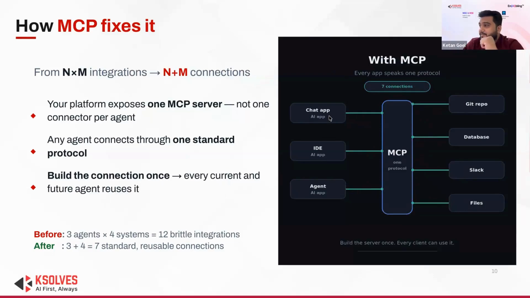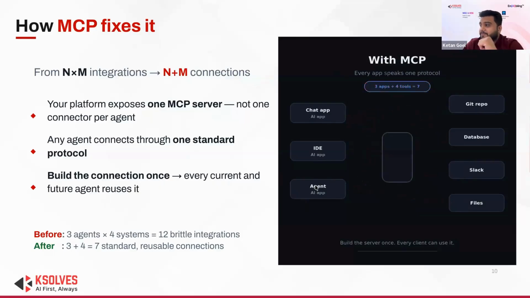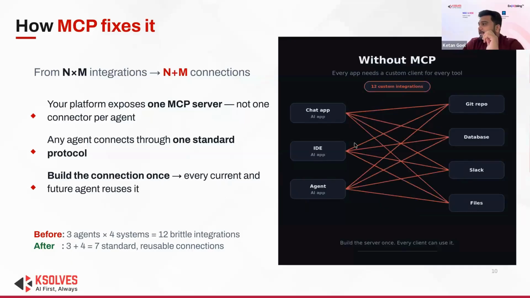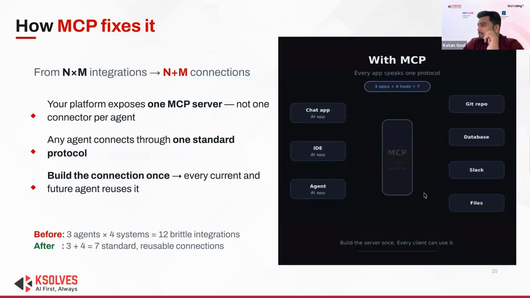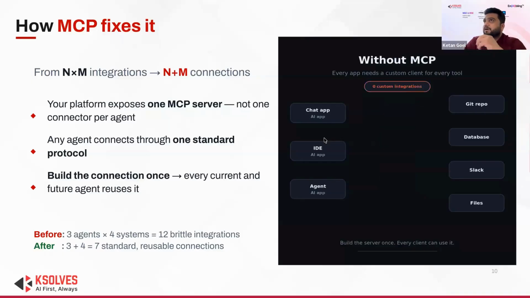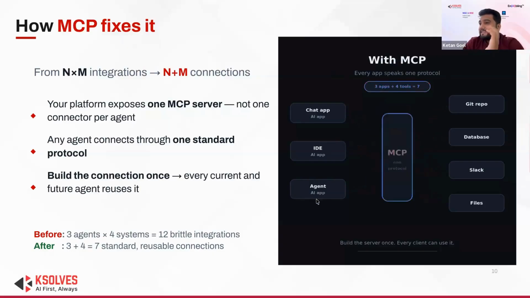Let's say chat applications, one of your IDE, or you want to use this as an agent. Now one way, the problem we discussed, you will build connections with each platform. But if you are going to add new platforms, new agents or new applications, that number of connections you have to build.